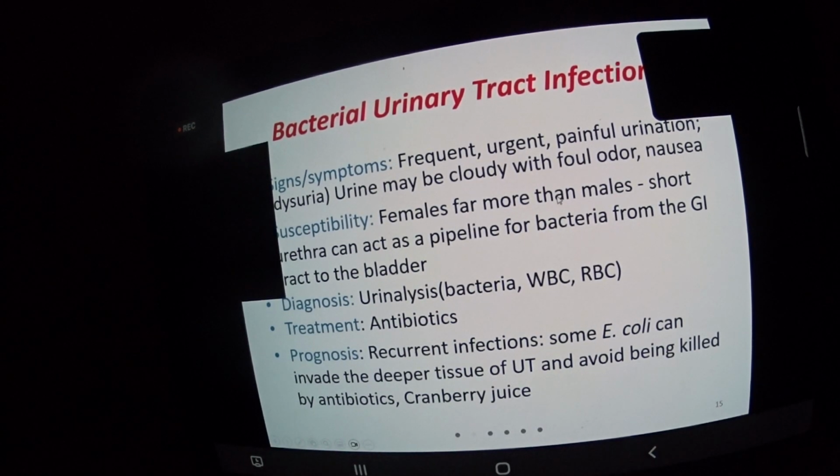Susceptibility, females are more susceptible than males because the urethra is much shorter. The opening to the urethra for females is much bigger, much easier for the transfer to the area.